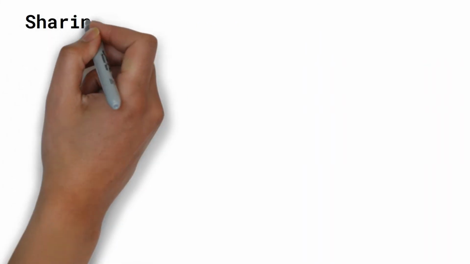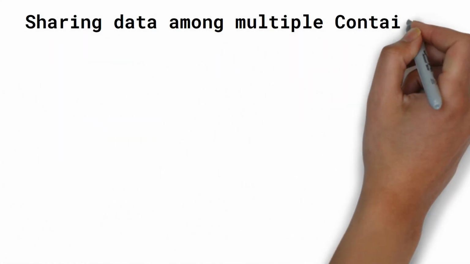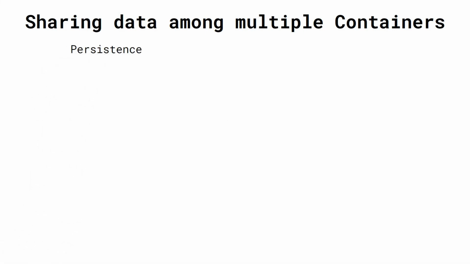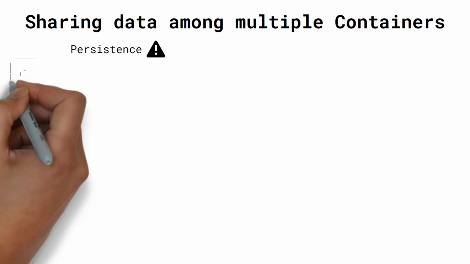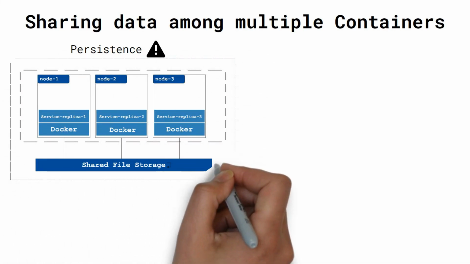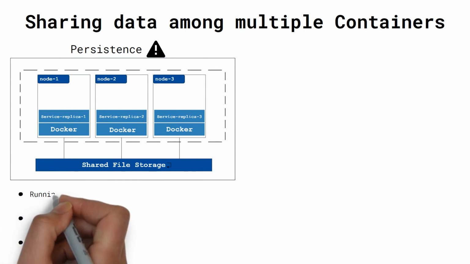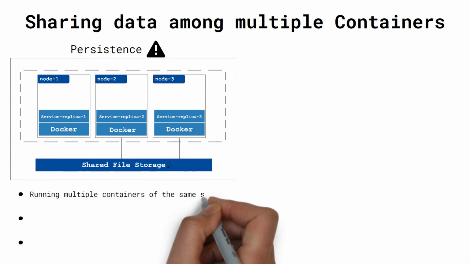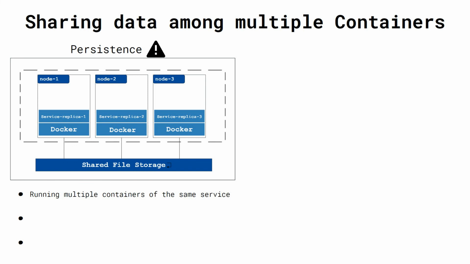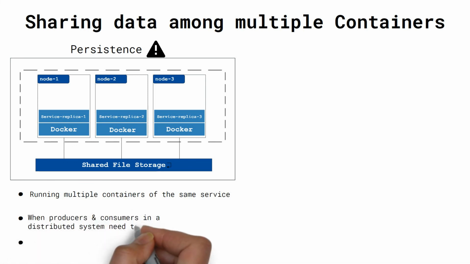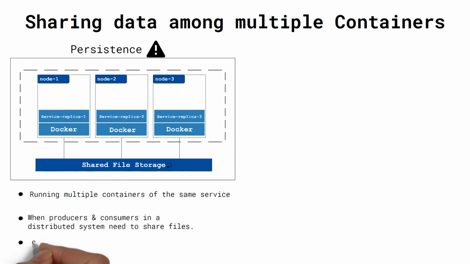Sharing data among multiple containers. Another persistent-related issue is being able to share files or directories among multiple containers. This can be required for many use cases. For example, when running multiple containers of the same service, or when producers and consumers in a distributed system need to share files or something else.